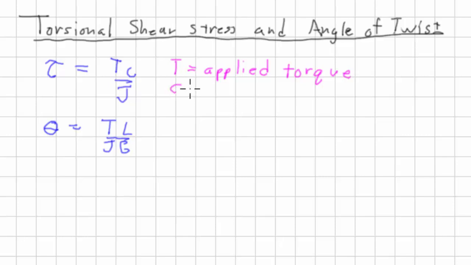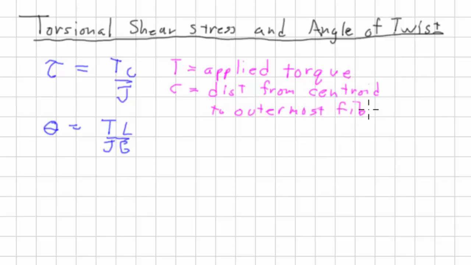C is the distance from the centroid of the shape to the outermost fiber.